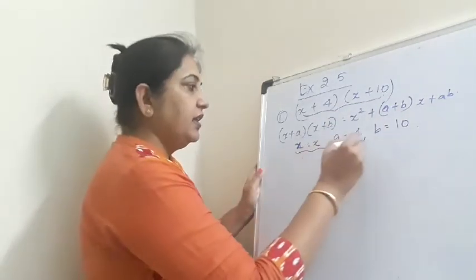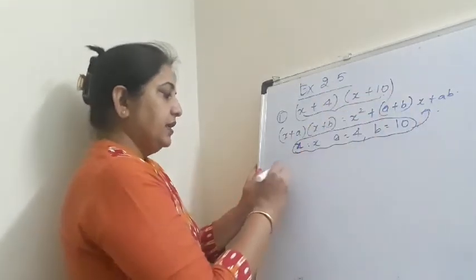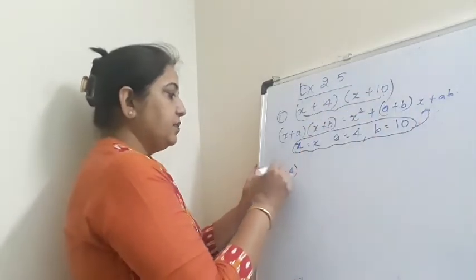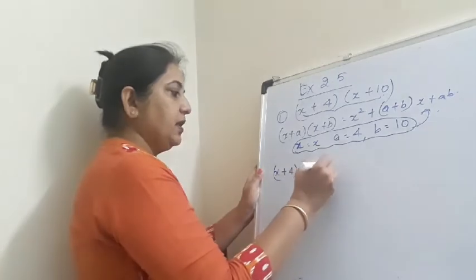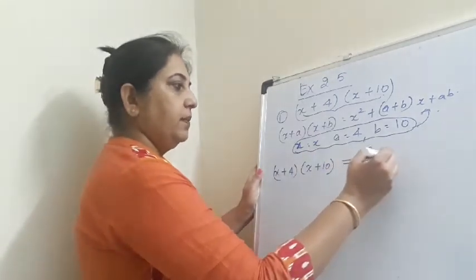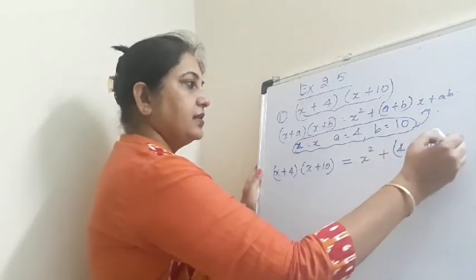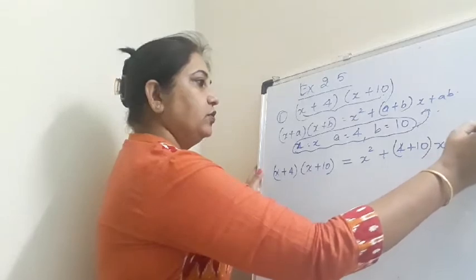As we take these values, we will substitute in the given expansion on the right side. So we write (x + 4) into (x + 10) is equal to x square plus (4 + 10) into x plus 4 into 10.